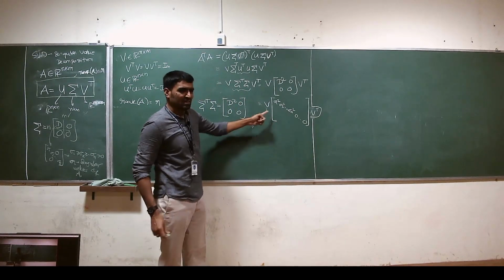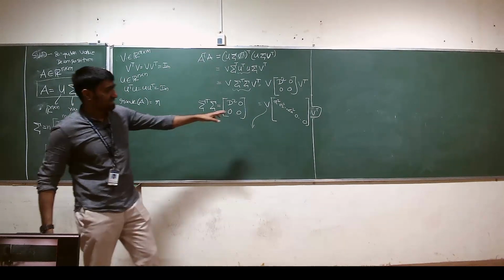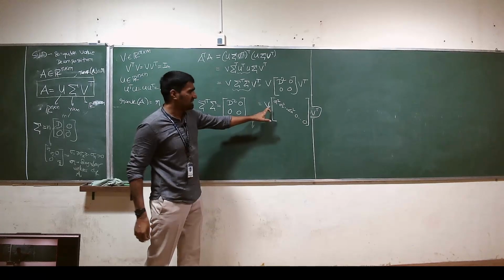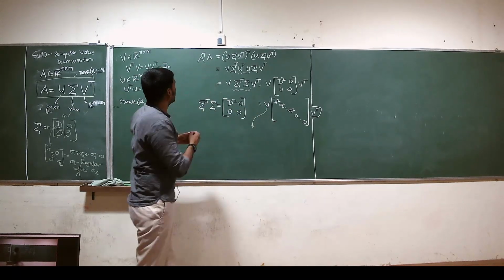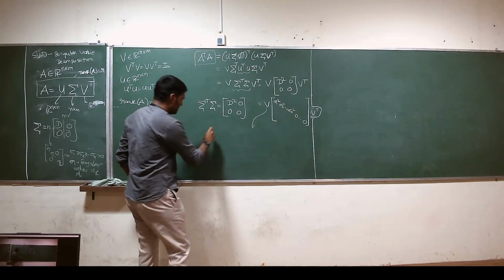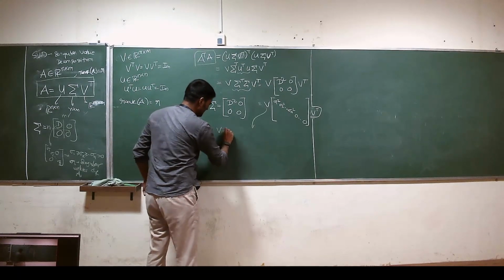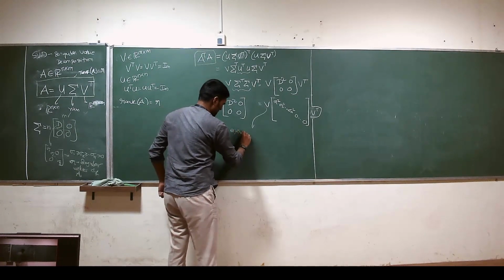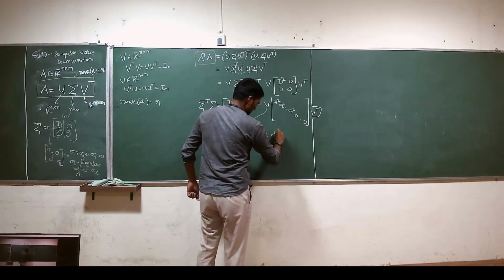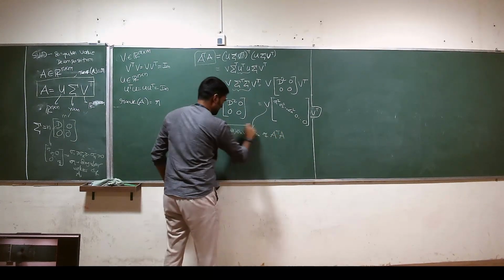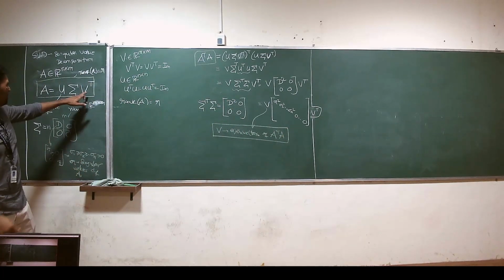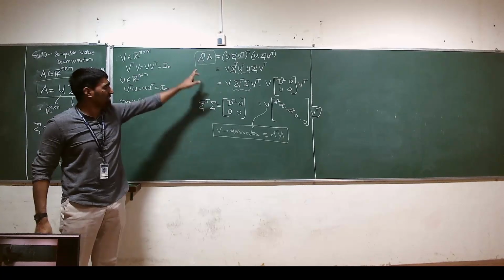The columns of V are the set of eigenvectors for this matrix A transpose A. So V is not some magic matrix. It's simply the eigenvectors of A transpose A.